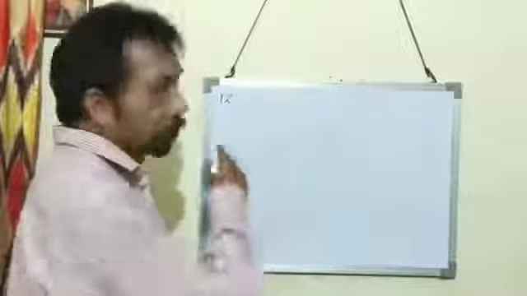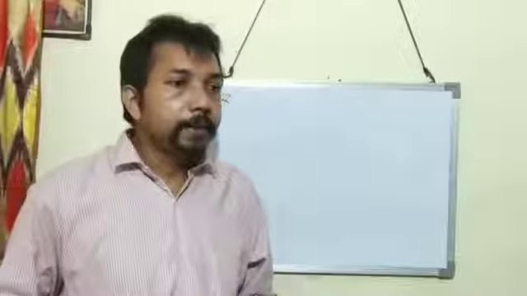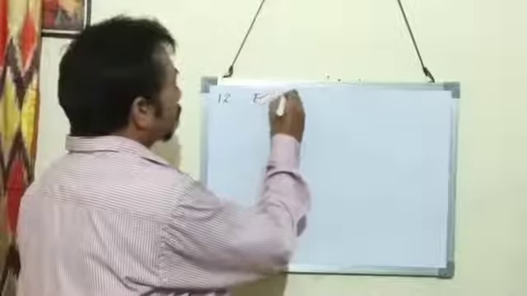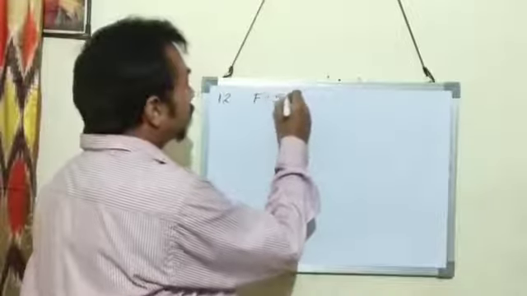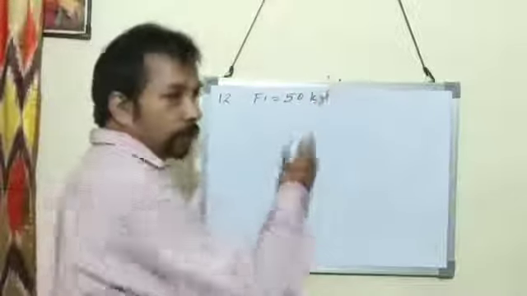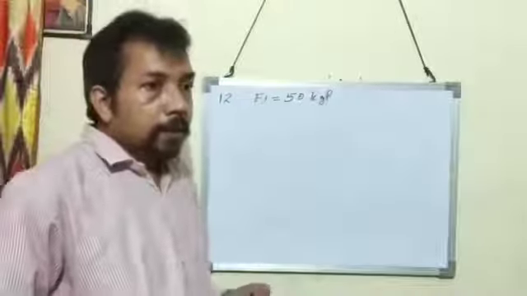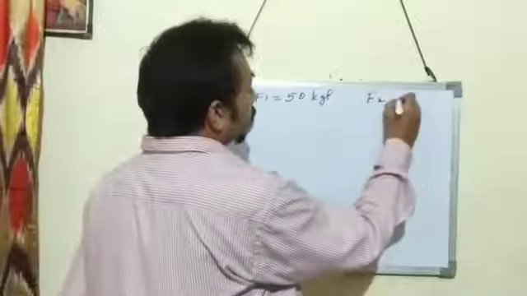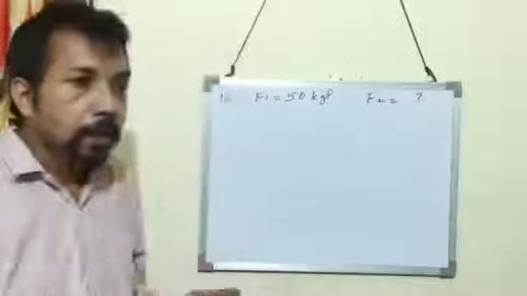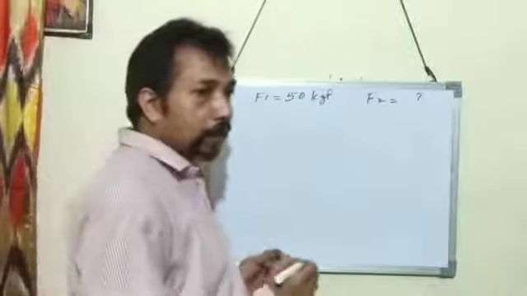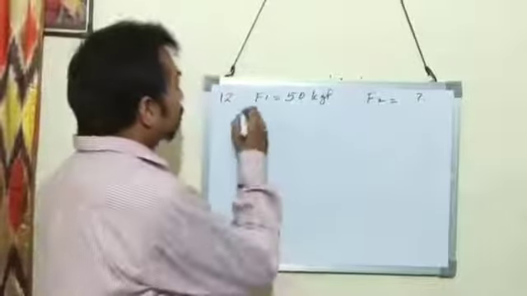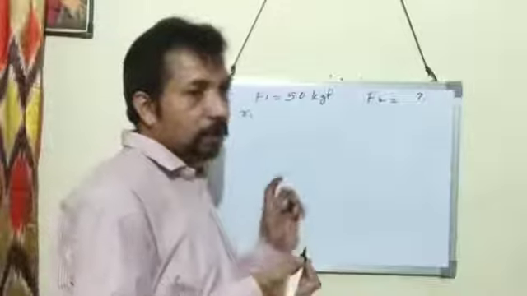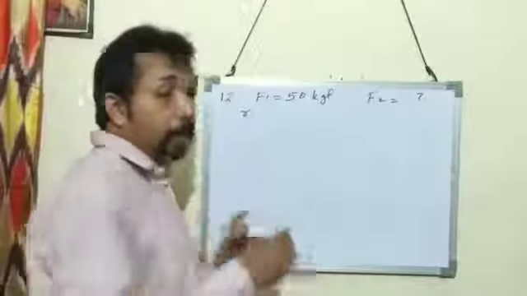Question number 12. A force of 50 kgf is applied to the smaller piston. So for the smaller piston, force applied is 50 kgf. Neglecting the friction, find the force exerted on the larger piston. Force on the larger piston we have to find out. Diameters of the pistons are 5 centimeter and 25 centimeter.